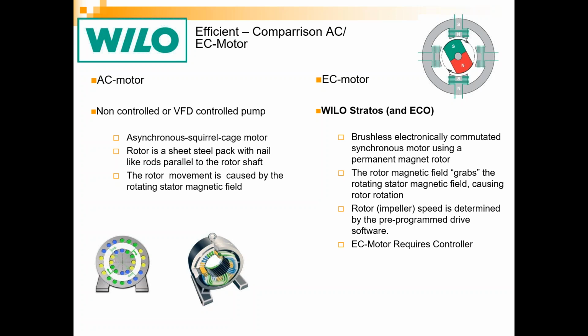That slip gets larger and larger, thus reducing your part load motor efficiency. Well, you do have a little bit of slip on an electronically commutated motor, but not very much. And as you turn that pump motor down, the slip does not get greater. It really maintains its efficiency during the entire turn down range of that EC motor pump.